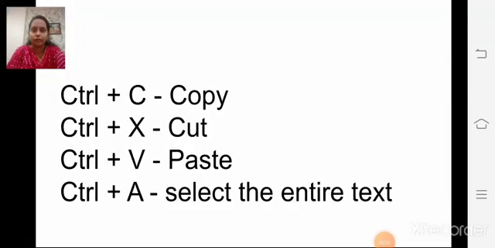Children, now we will revise all the shortcut keys which we use in WordPad. Shortcut keys, key combinations. First key combination is Ctrl plus C, to copy the text. Next, Ctrl plus X, we use to cut the text, remove it from one place.